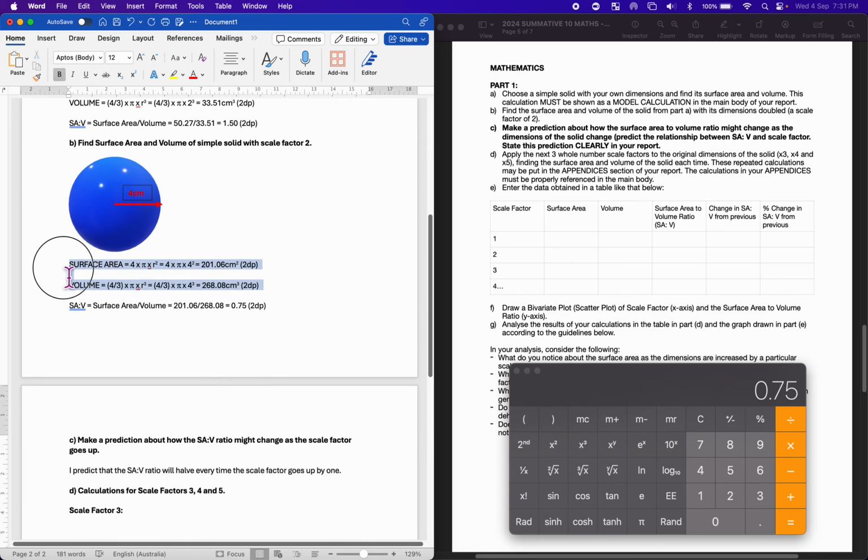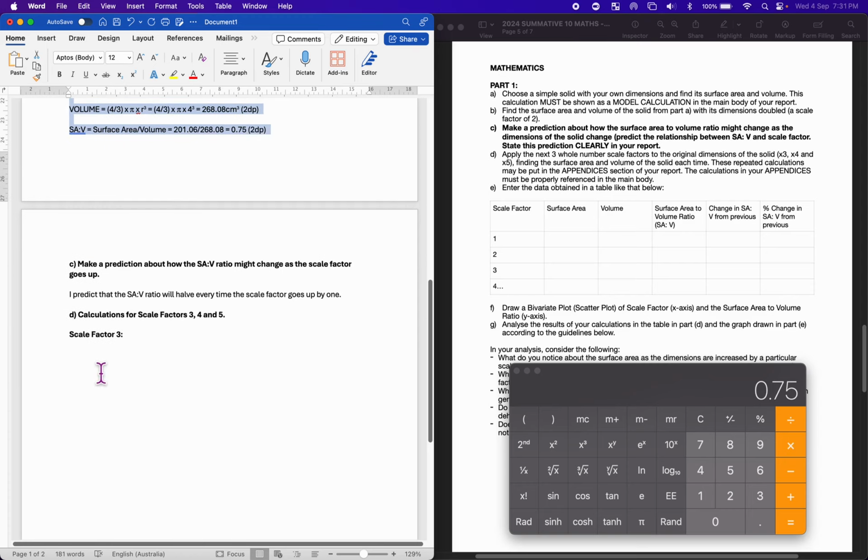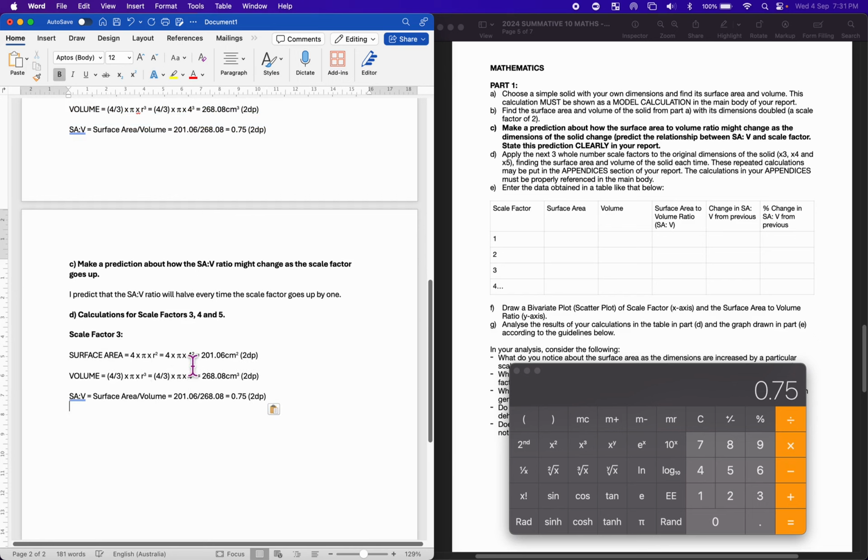I can copy and paste the maths. It's going to be repeated, but it's going to be triple the size. So instead of that, it's going to be 6, and I don't know what the answer is yet. Don't know what these numbers are going to be, so leave it blank.